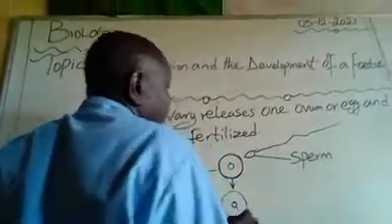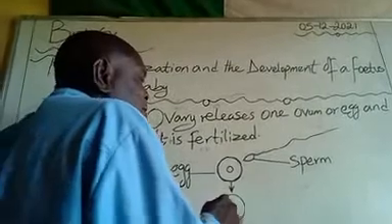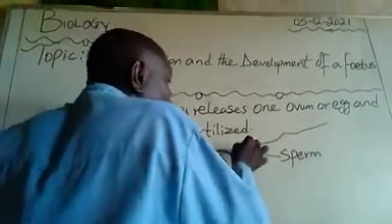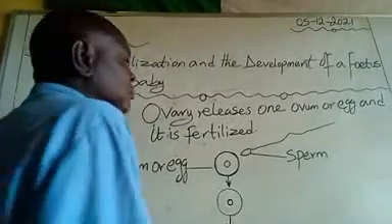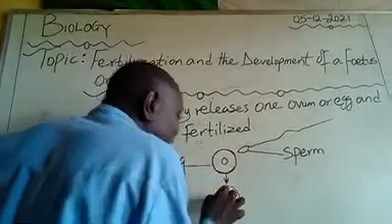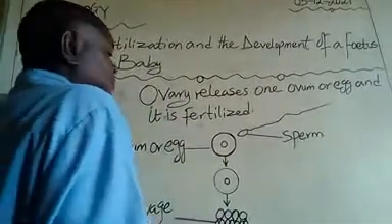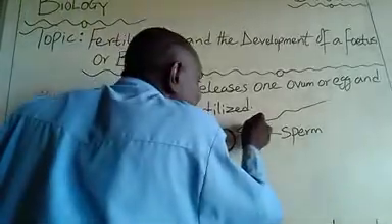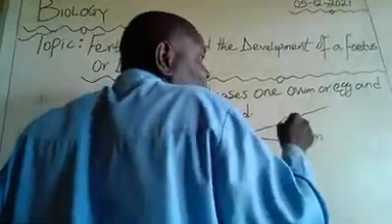As you can see, the sperm will not fertilize the egg with its tail. No. It is the head of the sperm that will fertilize the ovum or egg, leaving its tail behind.